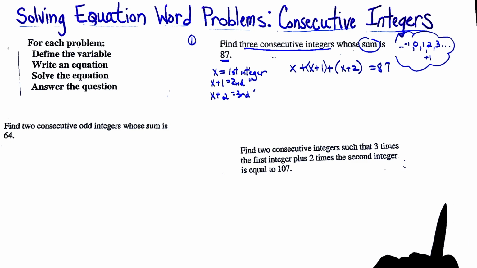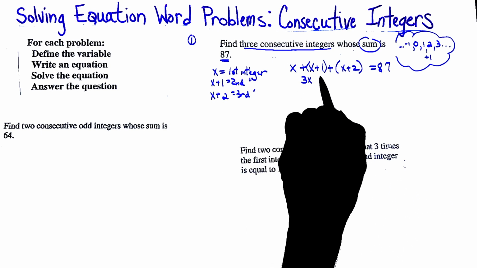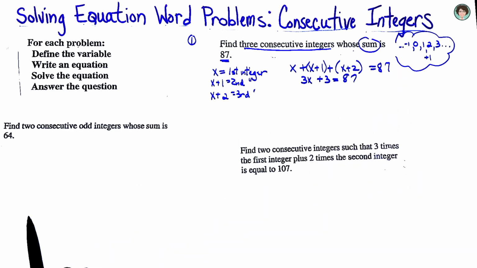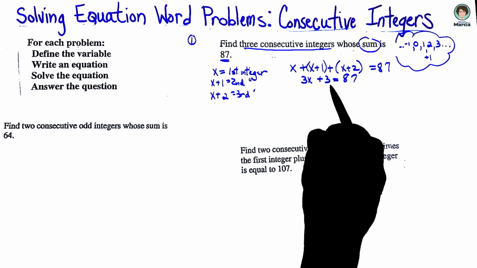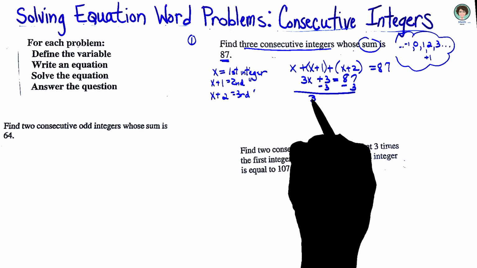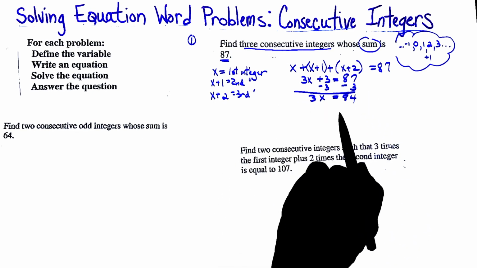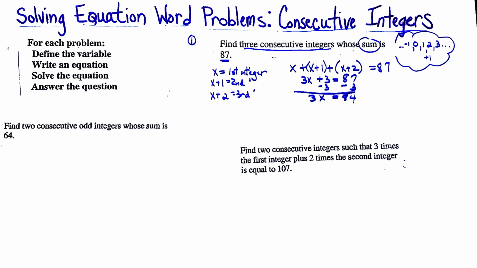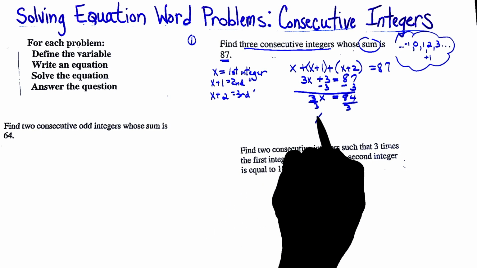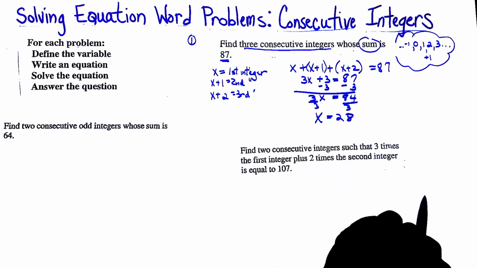We know we need to put together our like terms, so we end up with 3x plus 3 is equal to 87. With solving your equations, you know you always add or subtract that number first, so we're subtracting the 3, and we get 3x equals 84. All right, that is a multiplication problem. So we're going to divide by 3, and x is equal to 28.